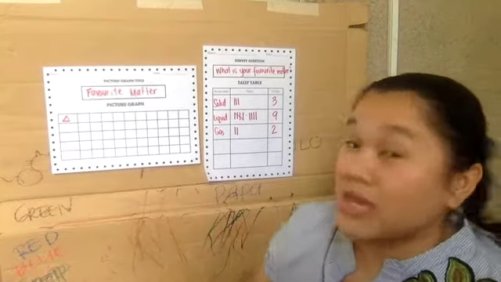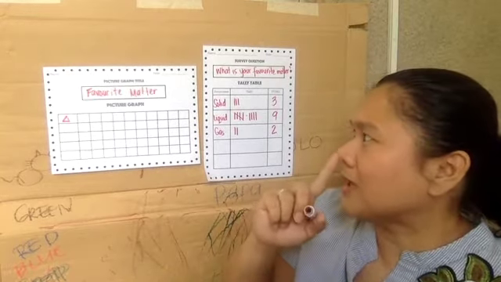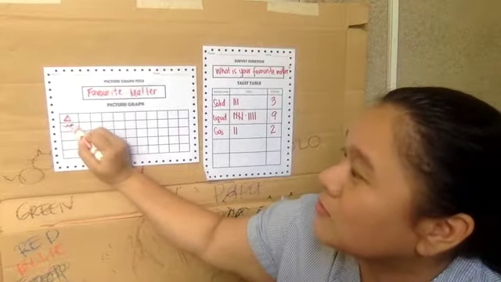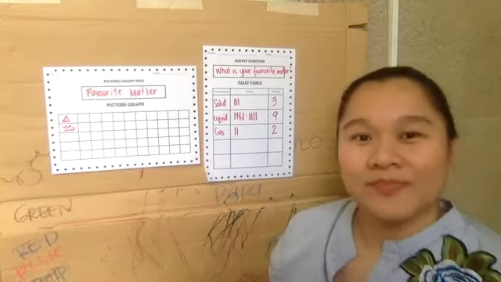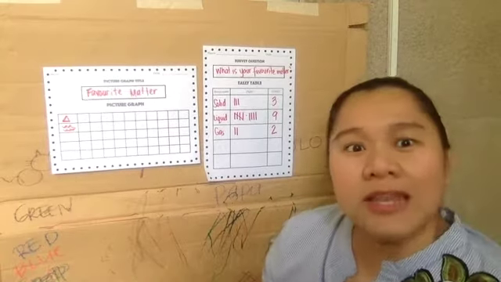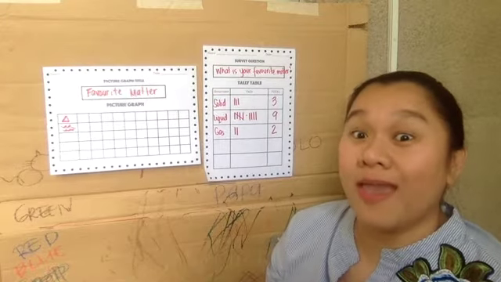That means solid. Now, what picture can I use for liquid? I'm choosing to use waves, just like water waves. What picture can I use for gas? I'm choosing to use air.